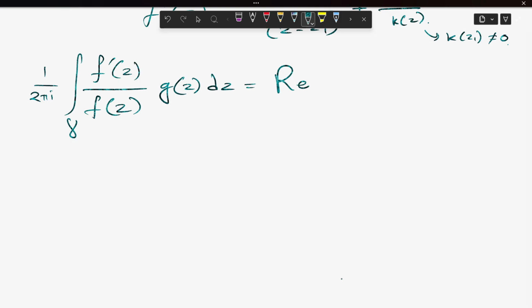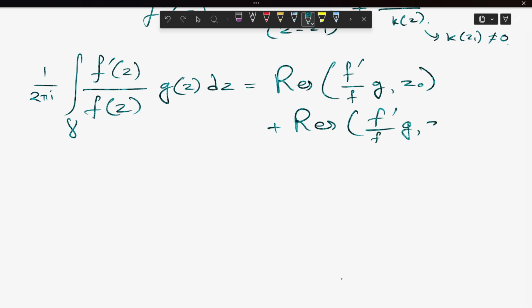By the residue theorem, we can say that the residue of f dash by f times g at z0 plus the residue of f dash by f times g at z1 gives the value.